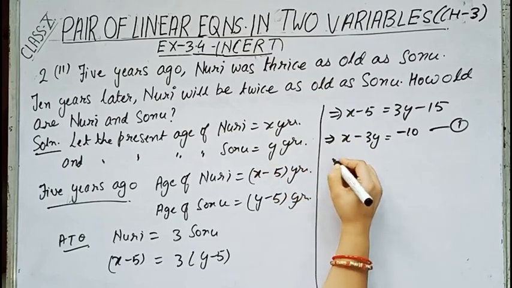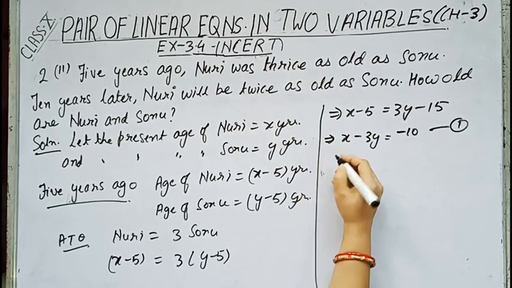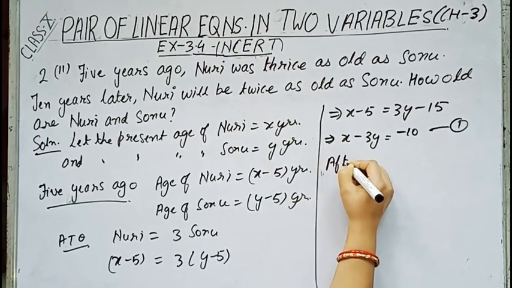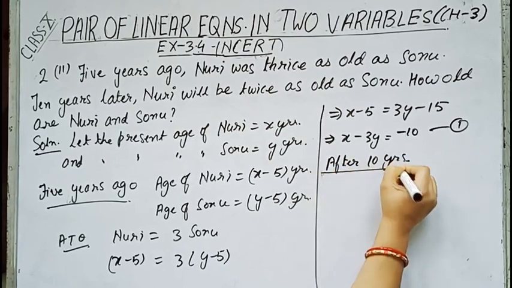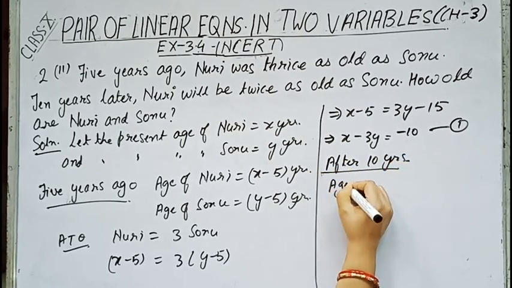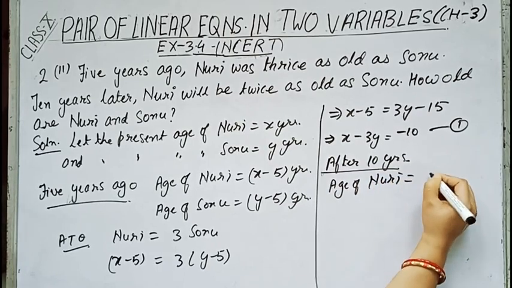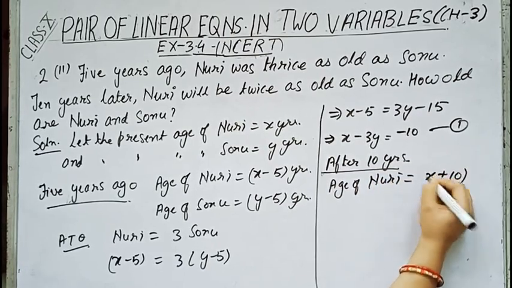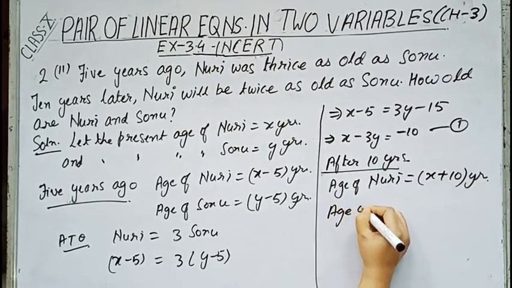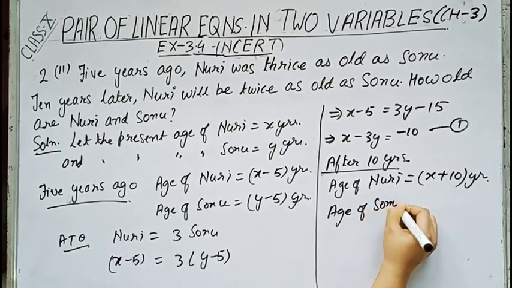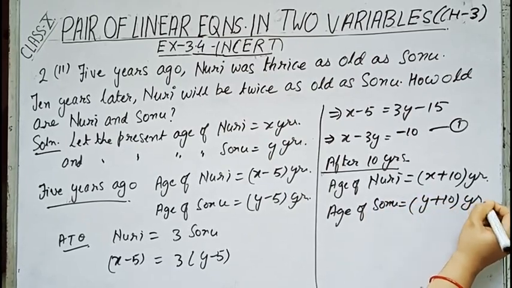Now 10 years later, or better to write, after 10 years, the age of Noori equals X plus 10 years. The age of Sonu equals Y plus 10 years.